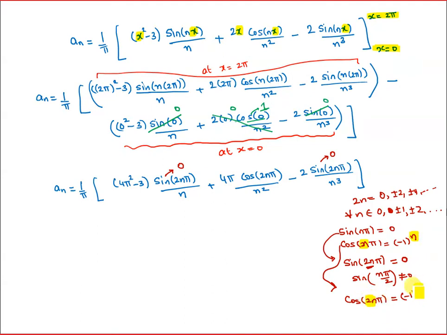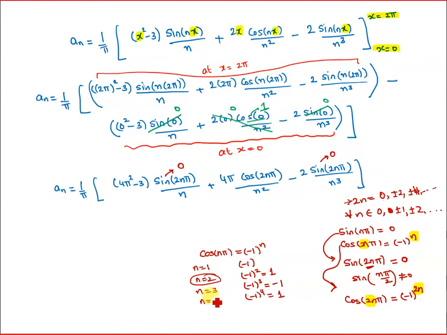We have cosine of n pi as minus 1 to the power n. If n is 1, you get minus 1. If n is 2, you get minus 1 squared, which gives you plus 1. If n is 3, you get minus 1 power 3, which is minus 1. If n is 4, again it is an even number, giving you plus 1. So you get plus 1 when n is 2, 4, 6, 8, like that.